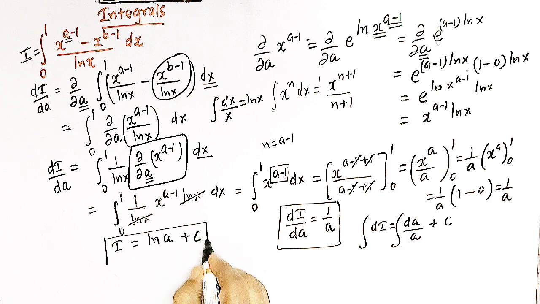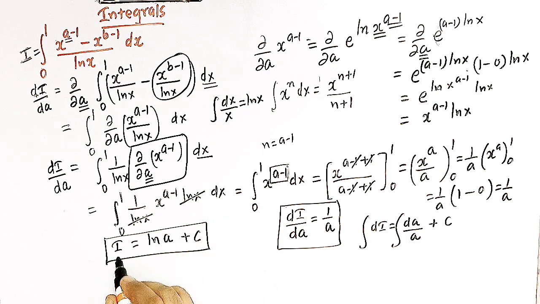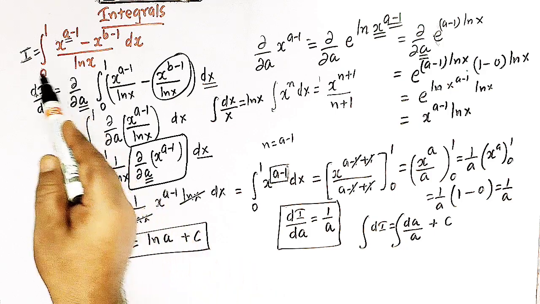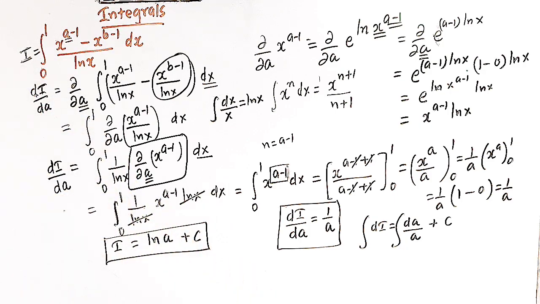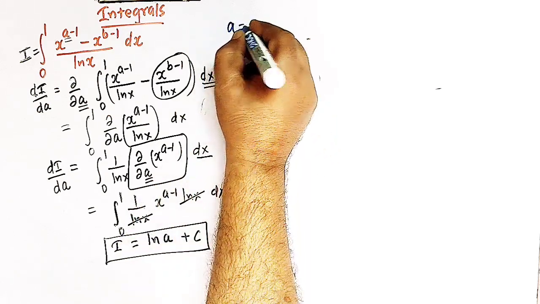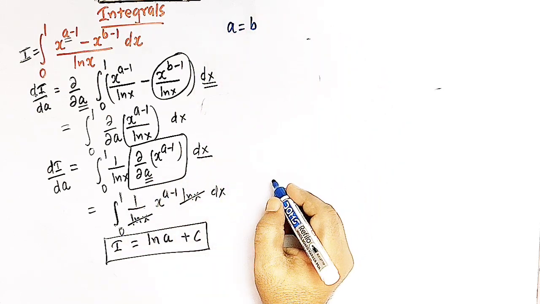So now we have this equation where I is equal to natural log of a plus c. Now we have to find the value of this constant of integration by imposing some condition on this integral I. So now let us make use of this condition, that is a is equal to b.